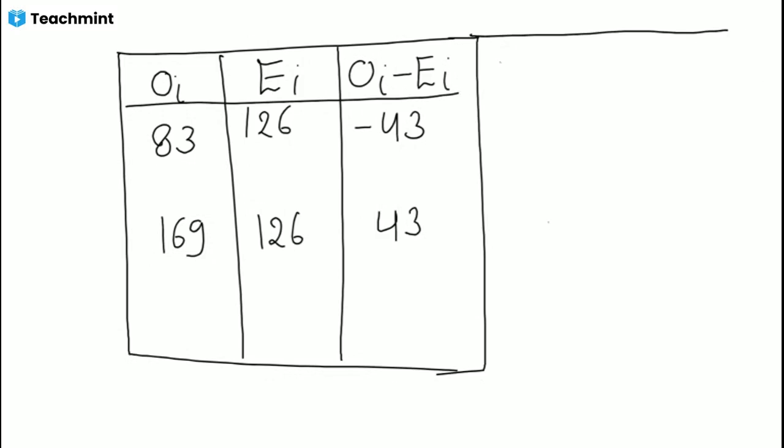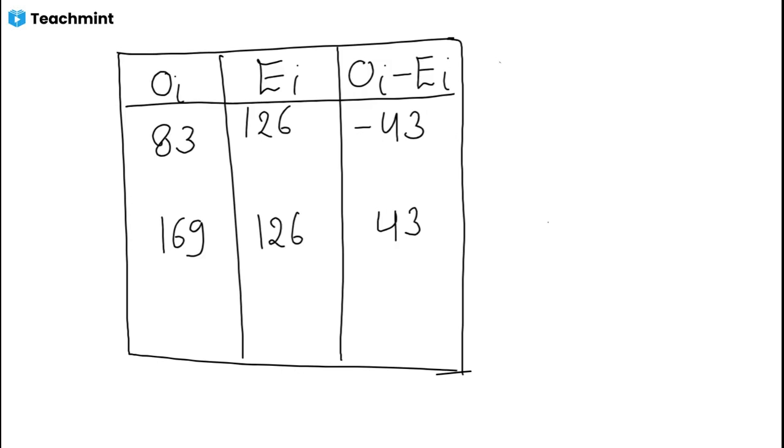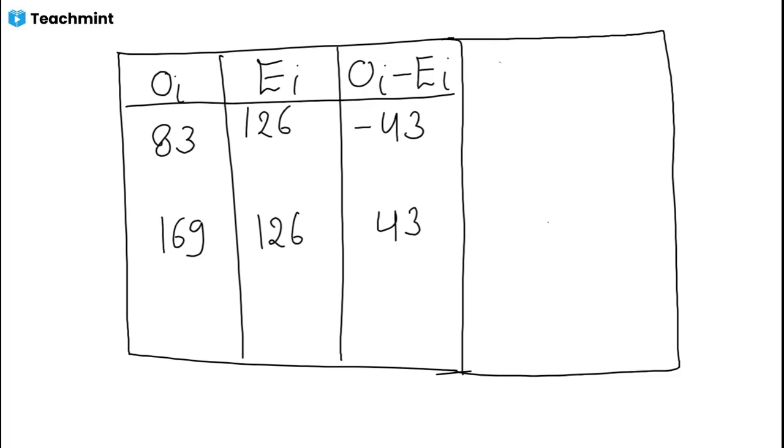We can even write direct values, but I'm telling you by using a table. Columns: OI minus EI squared, and then OI minus EI squared divided by EI.